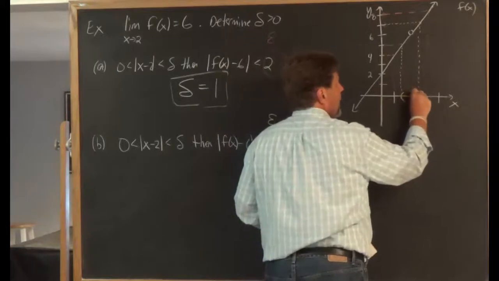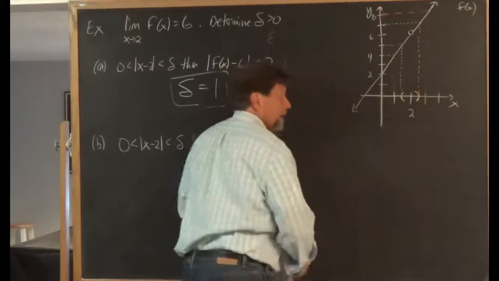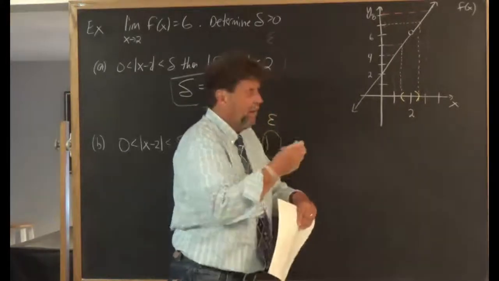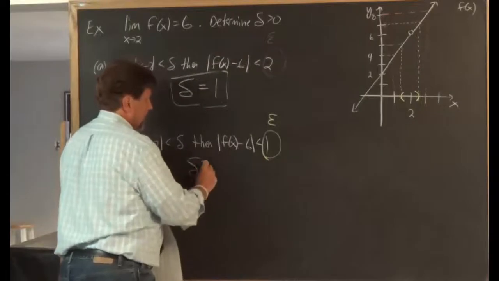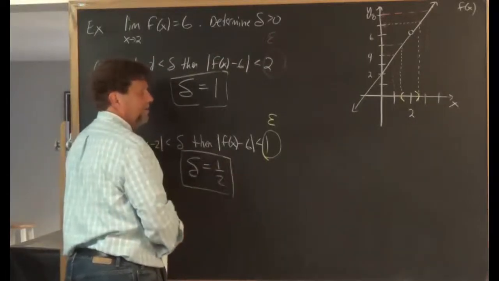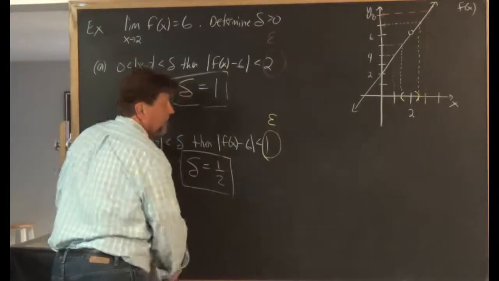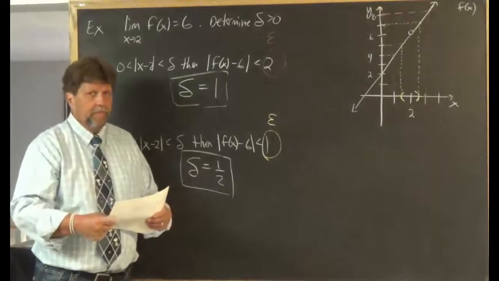So I pick anything I want in that interval, and I keep saying it looks like it's 1/2. I'm within 1/2 unit of 2, so I'm going to say the delta is 1/2. And that's all there is to this one.